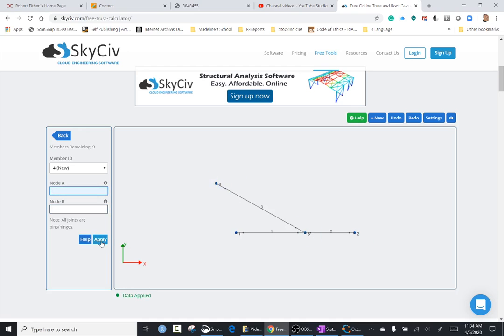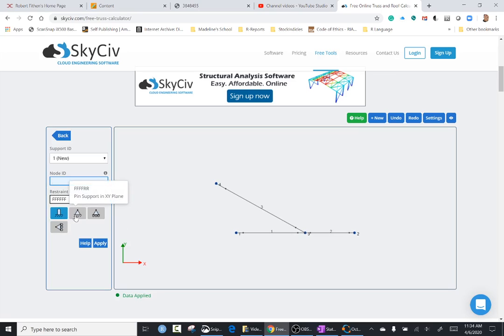And I'm going to apply. I'm going to go back. I'm going to put supports. I'm going to put this support on node 1. Hit apply. I'm going to hit that same support to node 4 and hit apply.